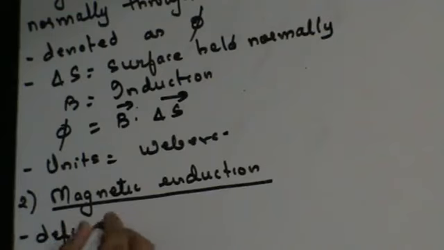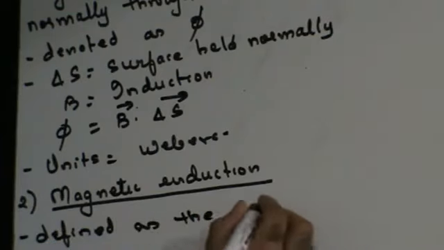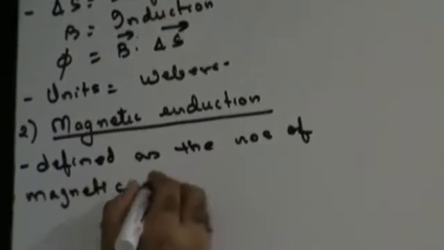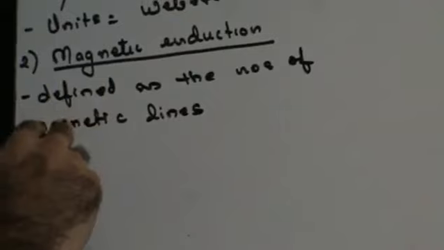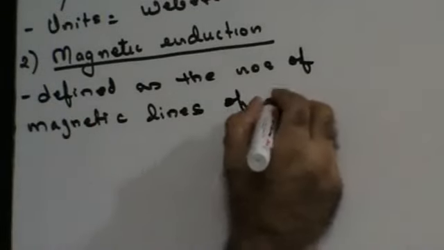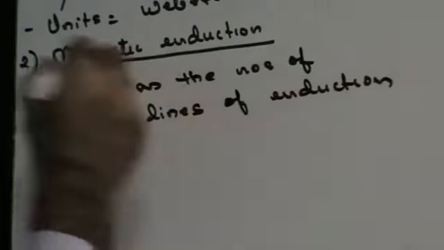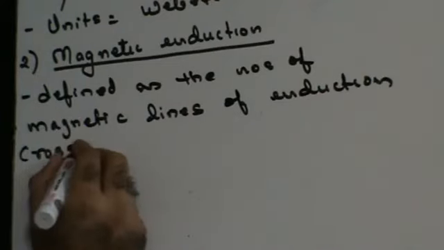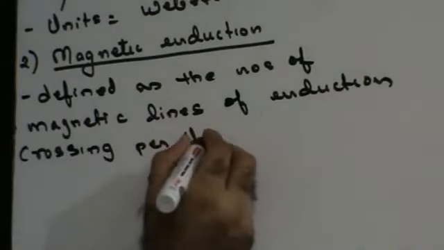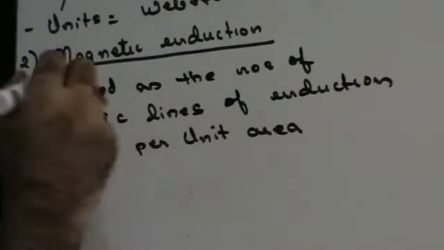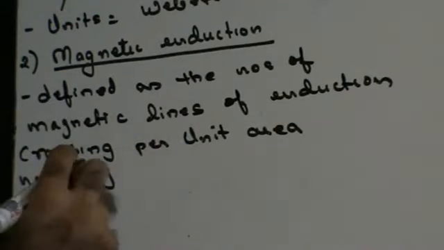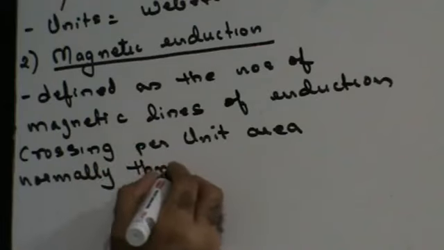It is defined as the number of magnetic lines of induction crossing per unit area normally through a magnetic substance.